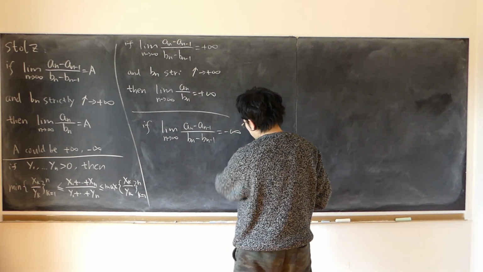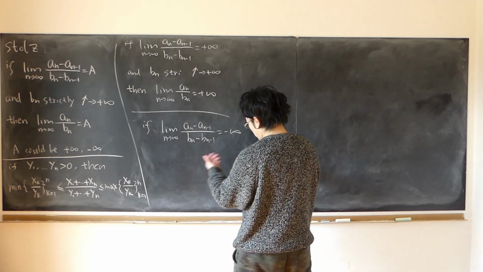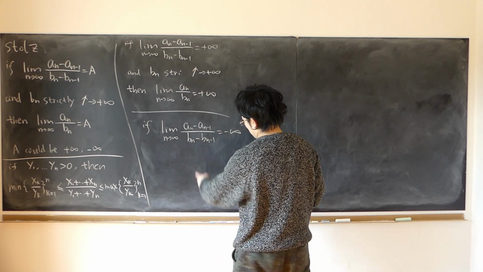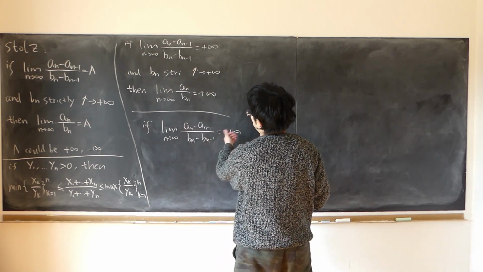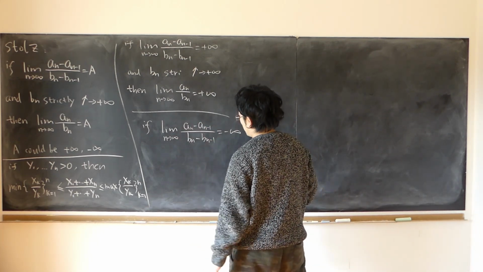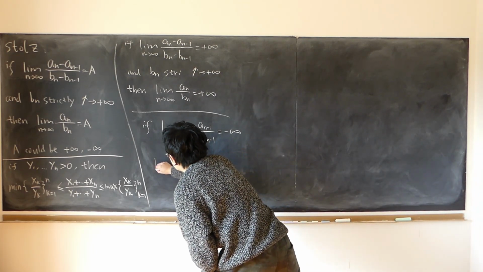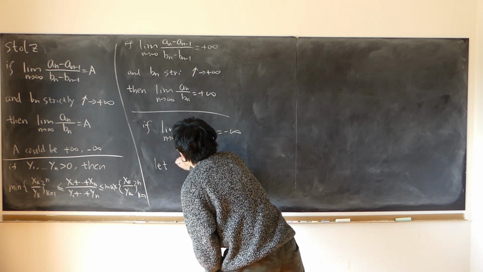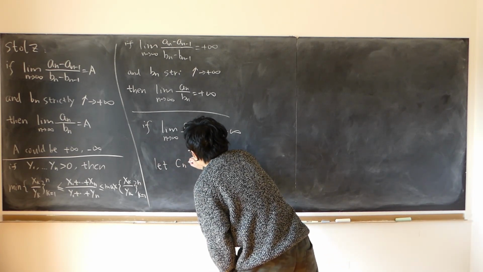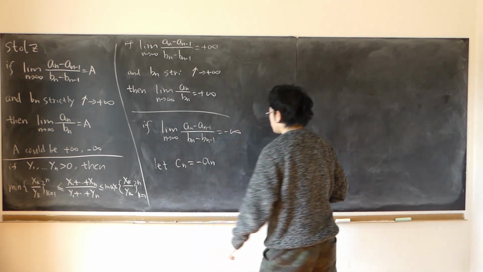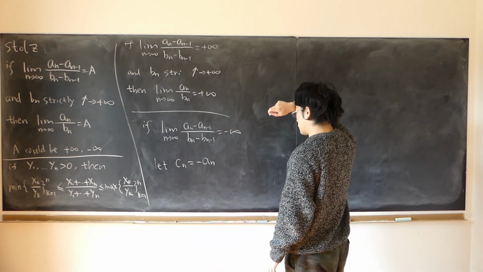Now, in this case, if we just multiply by negative sign on both sides, then the negative of this is approaching positive infinity. Therefore, all we have to do is we let Cn equal to minus an, right? Cn equal to minus an.